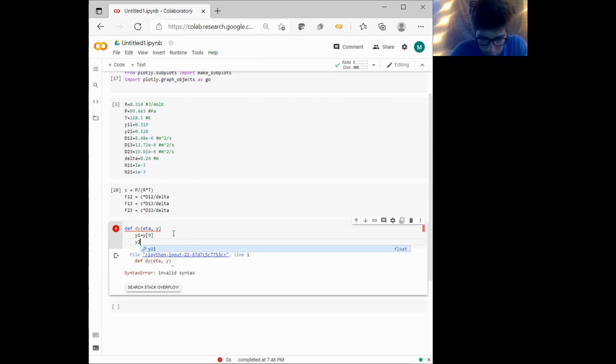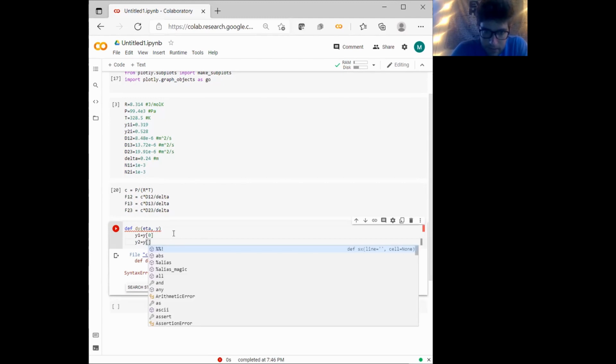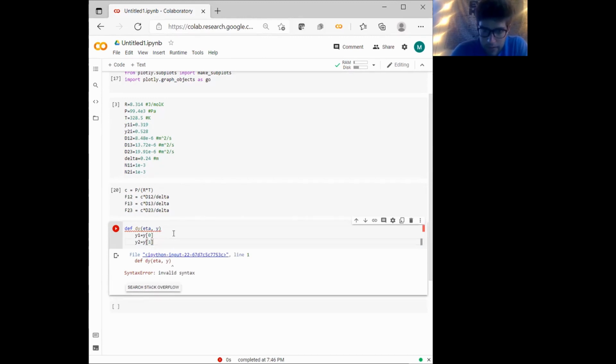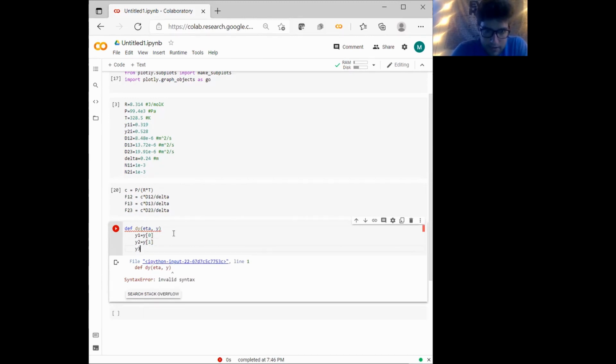Now we have y2, which equals the second term in our index, which would just be y of 1. And then what does our mole fraction of air equal? It just equals 1, which is what the mole fractions sum to, subtracted by the mole fractions of all the other components here, which is just y1 and y2. Beautiful.